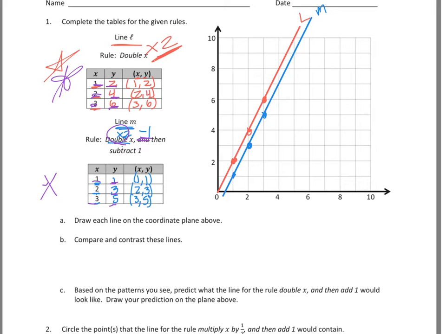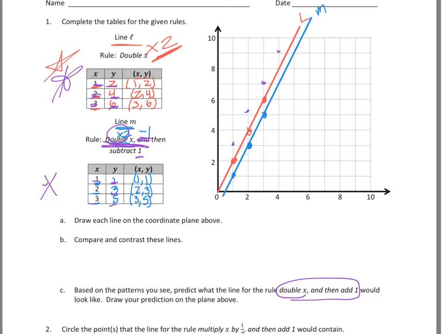So when I look at C and it says double x then add 1, this one, M, is double x subtract 1, and it's 1 below. I'm assuming if I double and then add 1, I'll be kind of up here, 1 above.